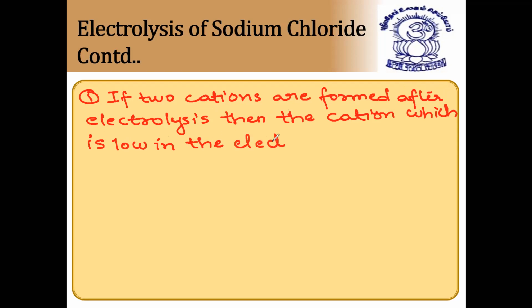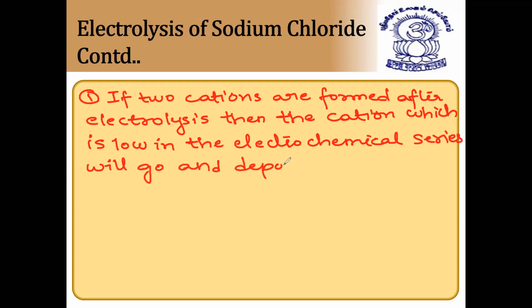So simply the cation which is low in the electrochemical series, means having the weakest reducing potential, will go and deposit first at cathode.